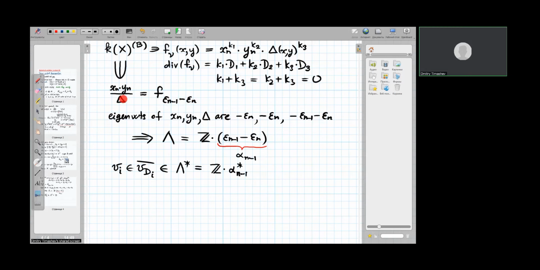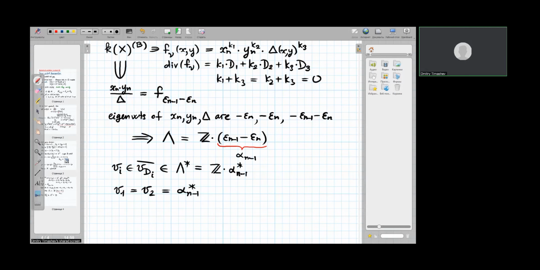And you see from this formula that the vanishing order of this function along d1 and d2 is equal to 1. So this function has a zero of order 1 along d1 and d2. This means that the first two of these vectors, v1 and v2, are just alpha n minus 1 star.